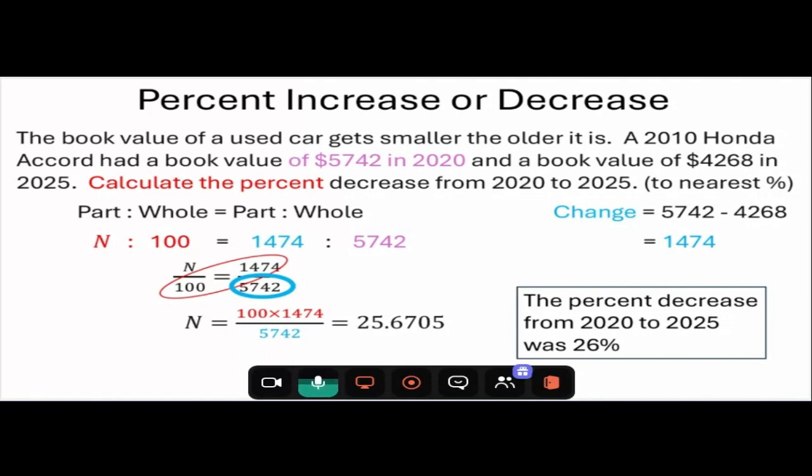We could do it the slow way, which would be Math 053 equation solving chapter, where what we actually did here, this shortcut, what it's actually doing is we are clearing the fractions by multiplying both sides by 100 and multiplying both sides by 57.42, so the denominators go away. And then we're solving the equation that results, which we would solve by dividing by the number that ends up in front of the n. So really we're just doing equation solving there, but because this special equation comes up so often, the shortcut is really handy to know.